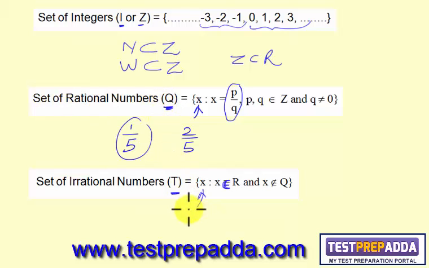Got it? Actually, irrational number means all real numbers that are not rational. All real numbers that are not rational, that is R minus Q, can be said as the set of irrational numbers. Got it?